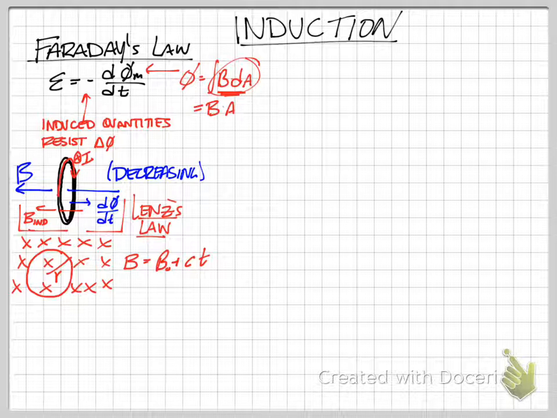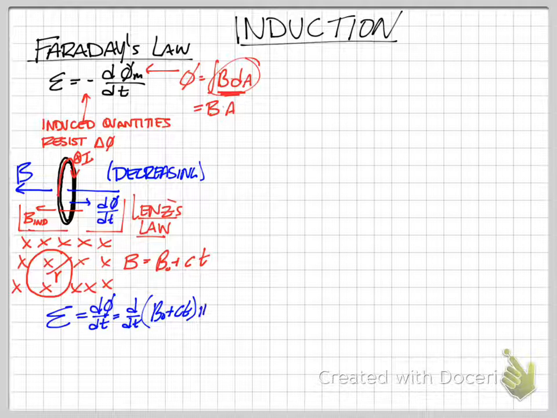So for this very simple example, the induced EMF is the change in that flux over the change in time. So you have the change over the change in time of the magnetic field, B0 plus CT, times the area, pi r squared.